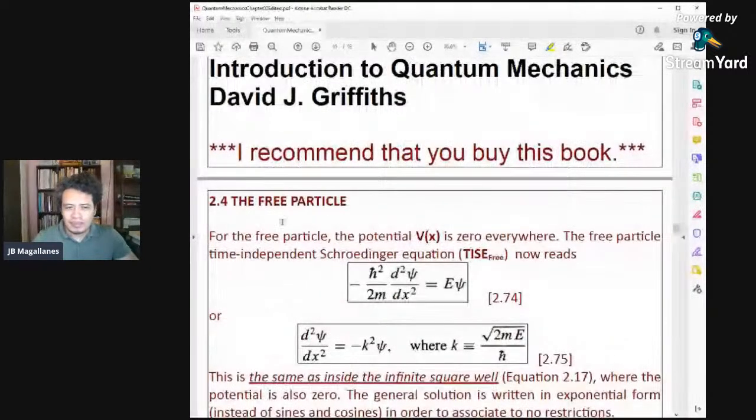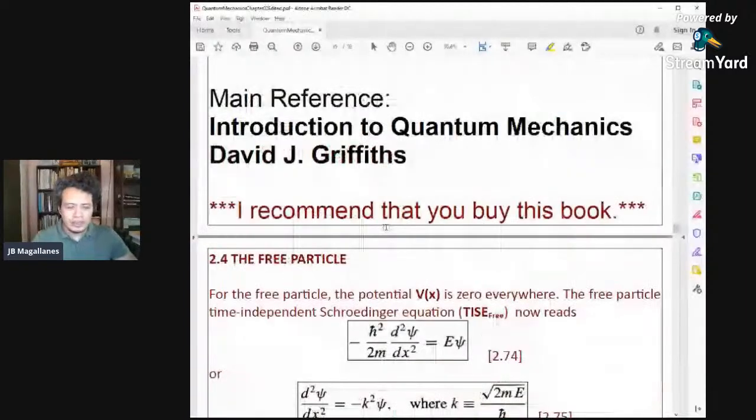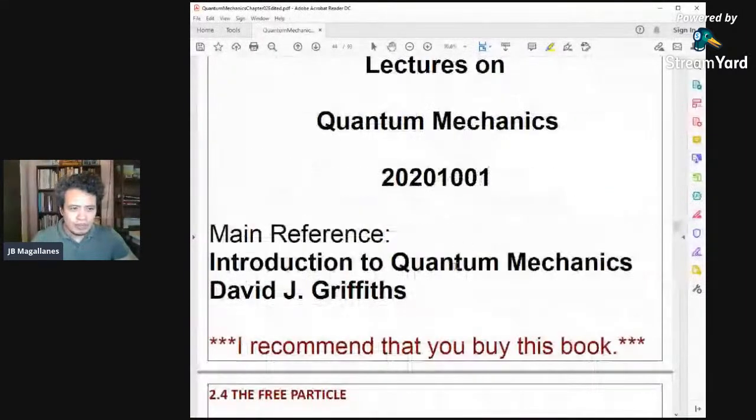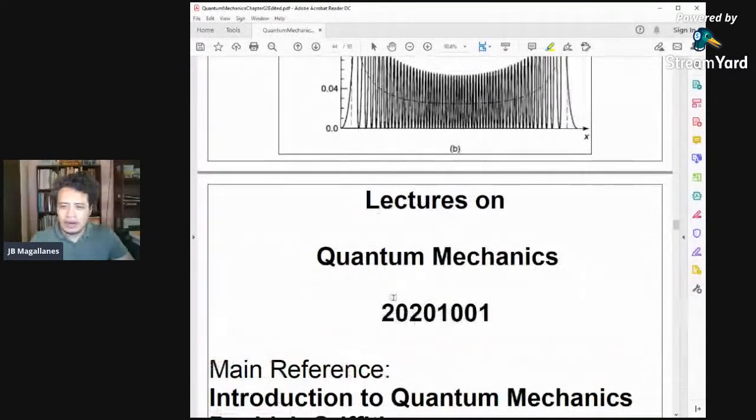In the previous lecture, we learned about the quantum harmonic oscillator, and we also discussed the particle in an infinite square well.